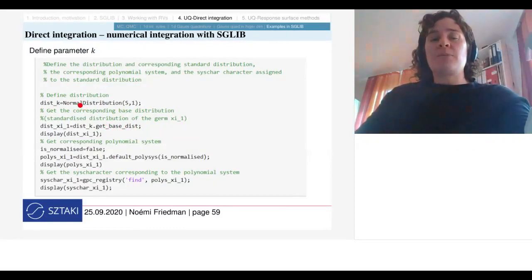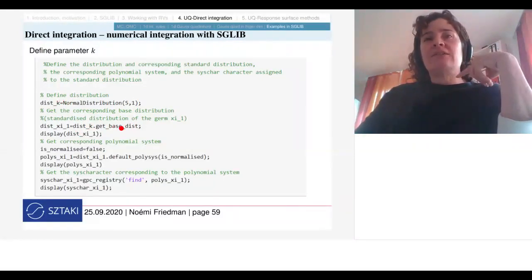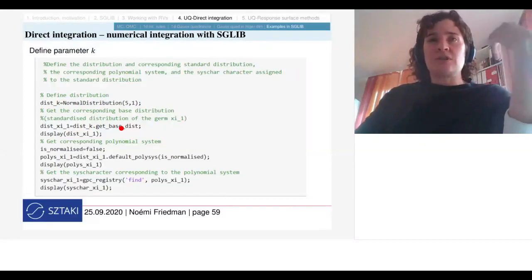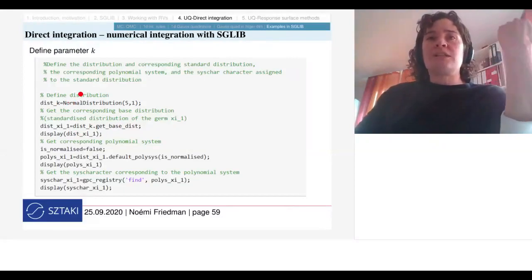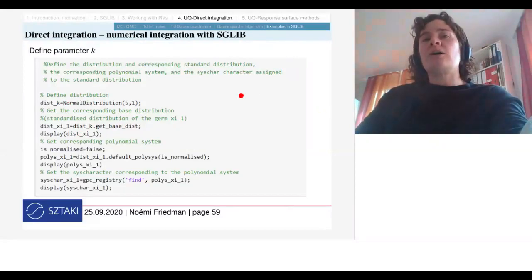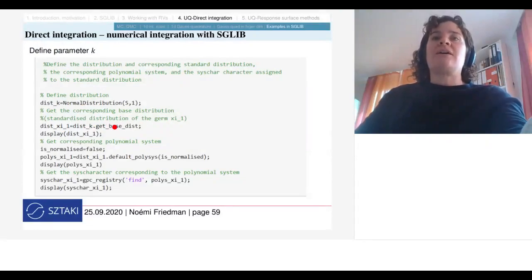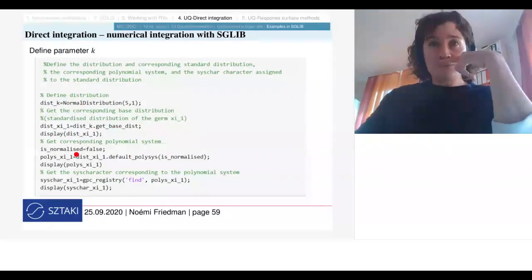So you need this map, but when you use this object-oriented coding, then I can directly get these maps, which is one of the advantages. So I know that if I have a normal distribution, I should map it to some standard normal Gaussian distribution, and I have it built into this normal distribution that I can get the corresponding Bayes distribution that I have the integration rule for.